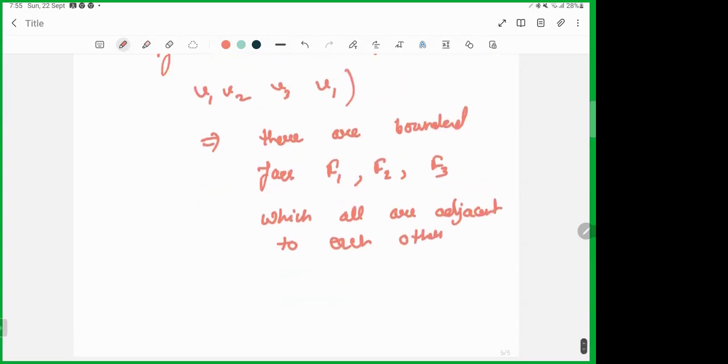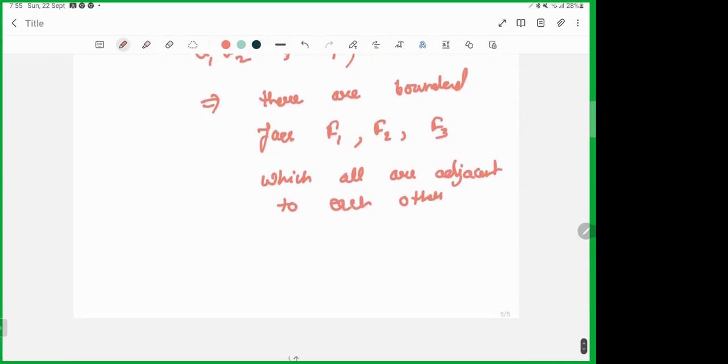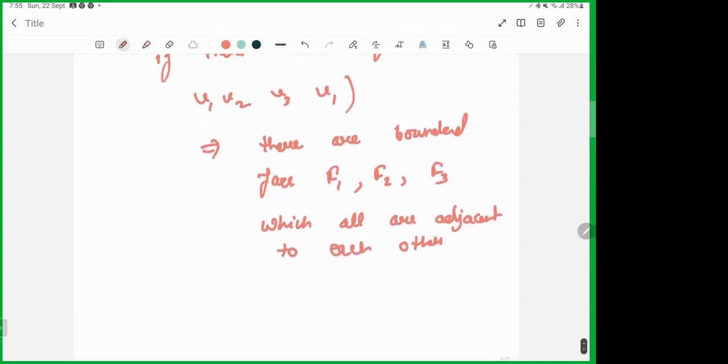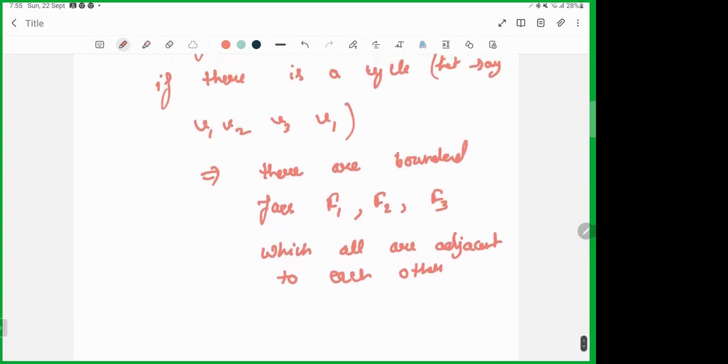We should better say that F1 is adjacent to F2 and F2 is adjacent to F3, in general, because I don't think if we extend it further that it is necessary that all of them should be adjacent to each other.